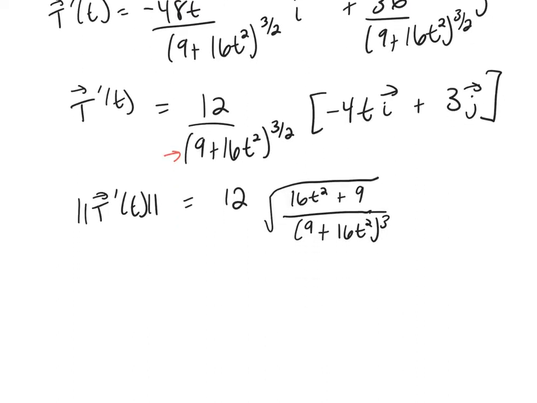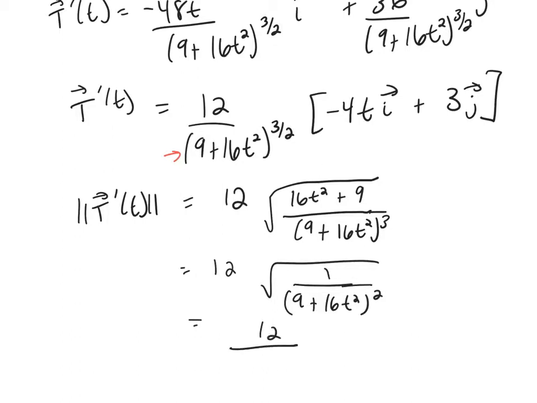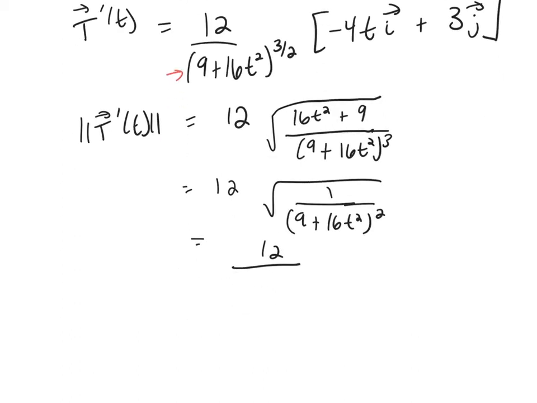Well, you have the same thing in the numerator and denominator, so it's now just 1 over 9 plus 16t squared, or when you take the square root of a square, they're just going to cancel there because the denominator is positive. And here's my magnitude of T prime.